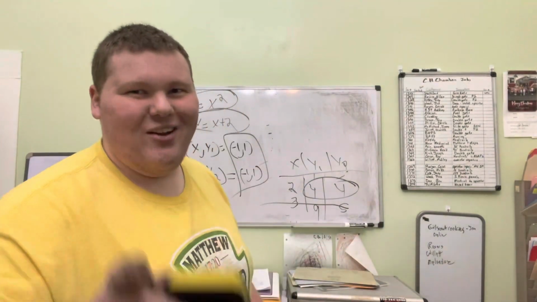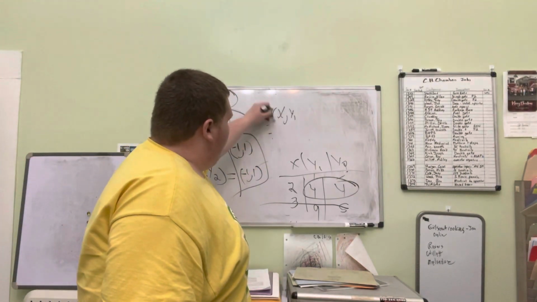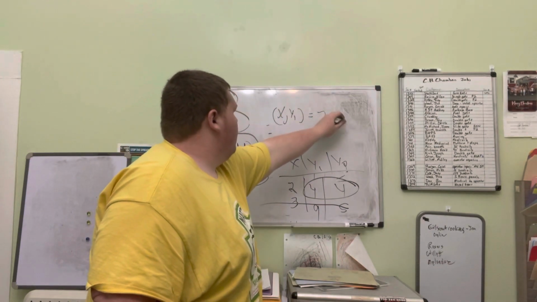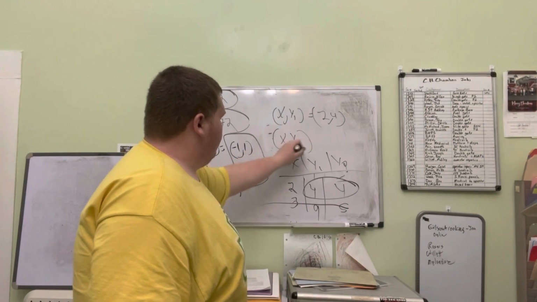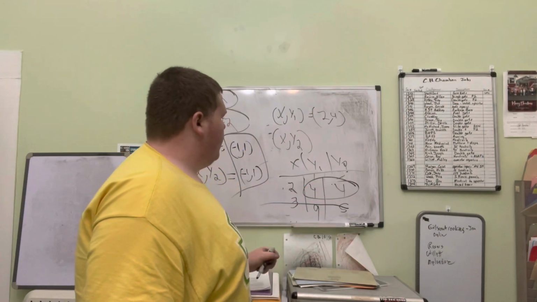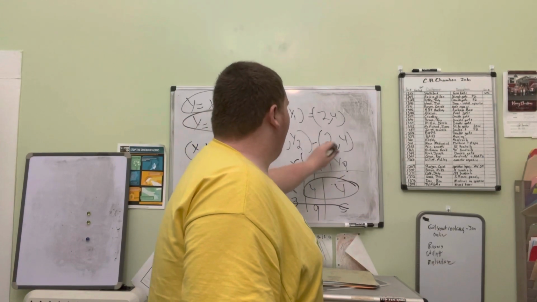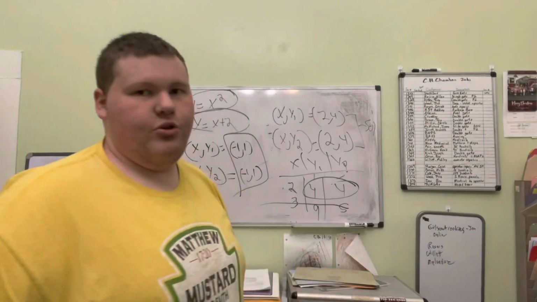So x, y1 equals what? 2 and 4. And x and y2 equals 2, 4. They are the same, so it's a solution.